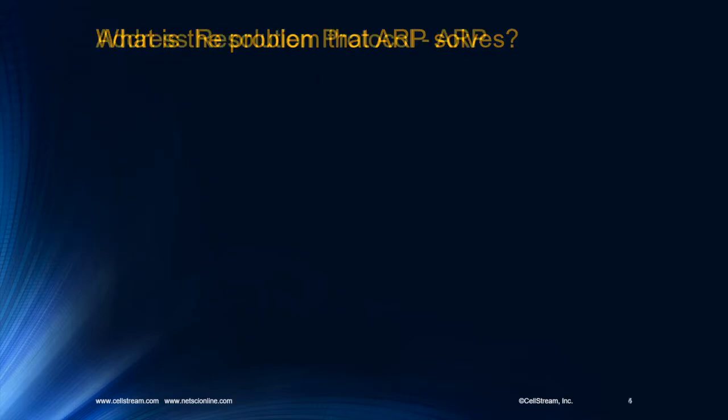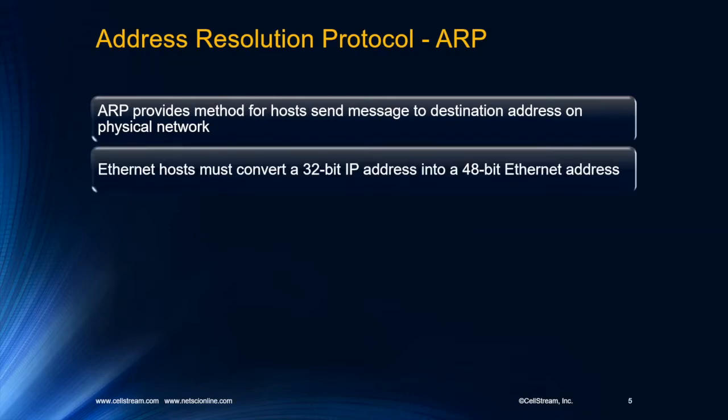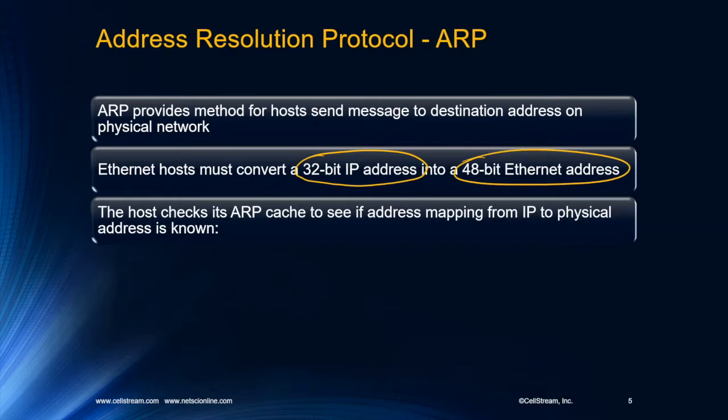All right, so with that said, let's summarize. ARP provides a method for hosts to send messages to destination addresses on a physical network. Basically, it's trying to match the 32-bit IP version 4 address to the 48-bit Ethernet address. This is then placed in a cache, as we said.